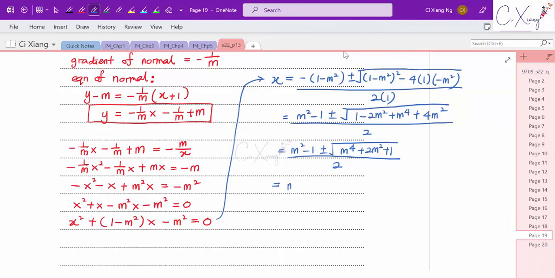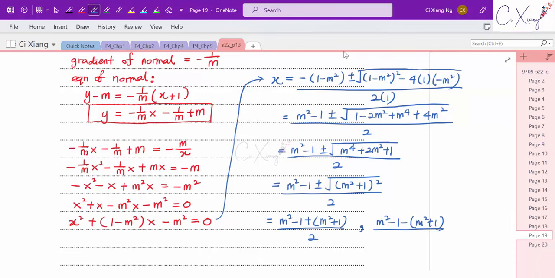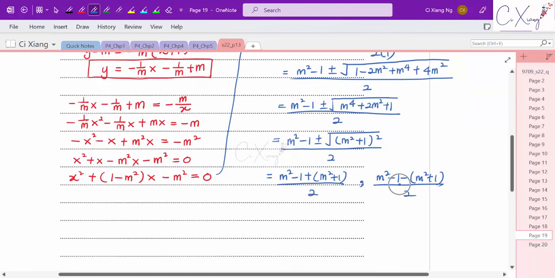Next, the term inside the square root can be factorized. So I have (m squared plus 1) squared, divided by 2. Okay, so from here, I will separate the answers out. I have plus (m squared plus 1) divided by 2, after I take the square root, right? So the square disappeared. And then the other answer would be m squared minus 1 minus (m squared plus 1), divided by 2. Of course I need to continue to simplify these two answers.